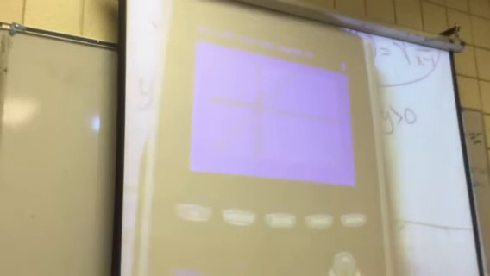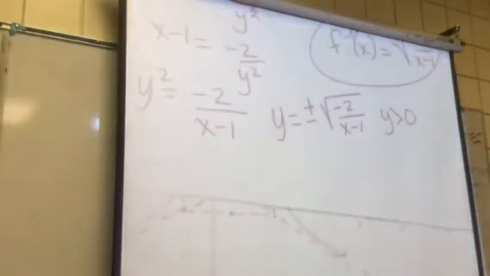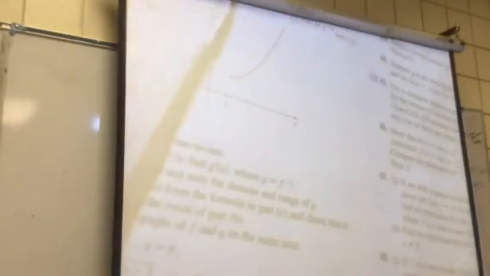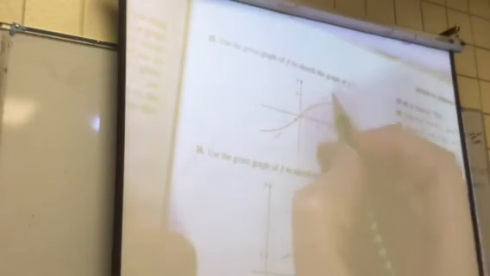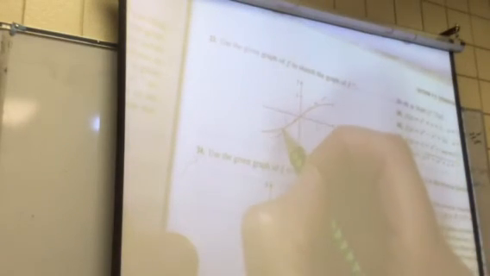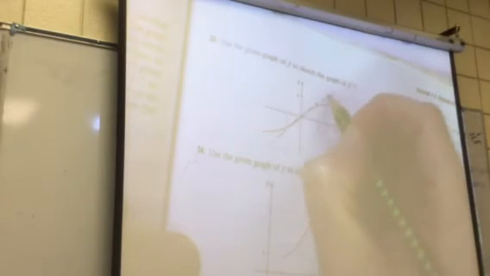Okay. So we need to look at number 33. So use the given graph of f to sketch the graph of the inverse of f. So hopefully you were able to sketch this graph from number 33 onto your paper. And then I would consider this line y equals x.